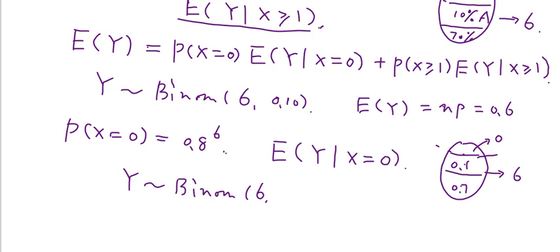The total probability is point A, so the chance of picking from this part is 1 over A, and from the other part is 7 over A. So the expectation equals 6 times 1 over A, which equals 0.75.